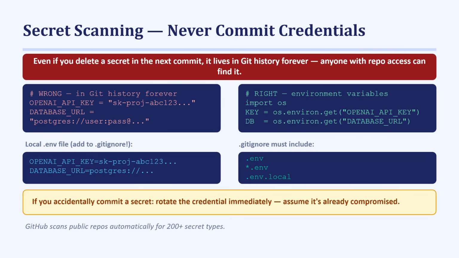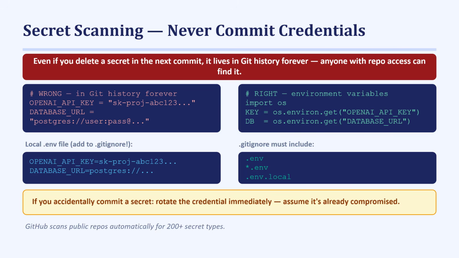Database passwords, private tokens, AWS credentials, those kinds of things. And once you have accidentally committed a secret, even if you delete it in the next commit, it's going to be in the history. So anyone with repo access, so if this is a public GitHub repo, anyone can see that now or in the future. They can find it.